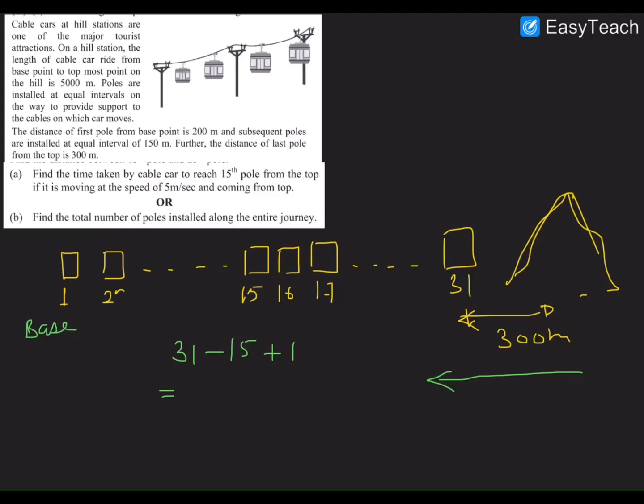So 31 minus 15 is 16, 16 plus 1 is 17. So the 17th pole will be the 15th pole from the top and the 17th pole from the base.